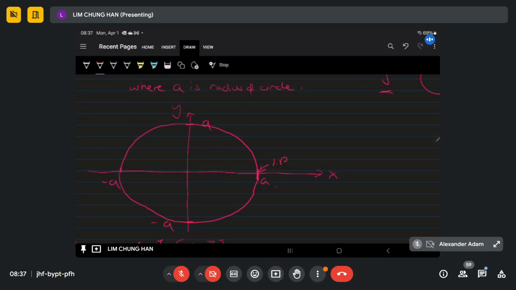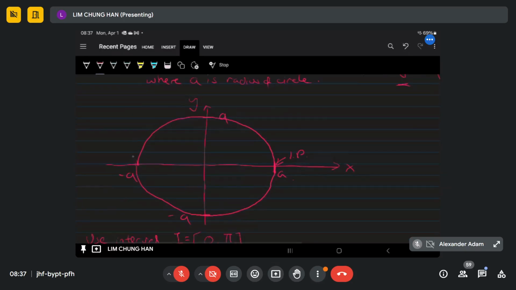Next, where is the TP? TP is (negative a, 0). Where is (negative a, 0)? There. So that is your terminal point. Okay. So now you have your initial point and terminal point. Can you find the direction?